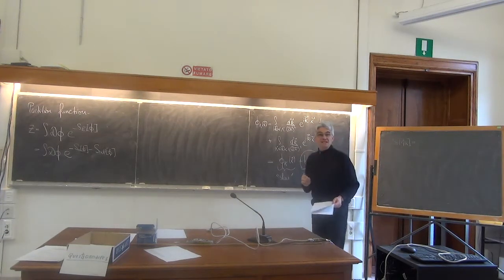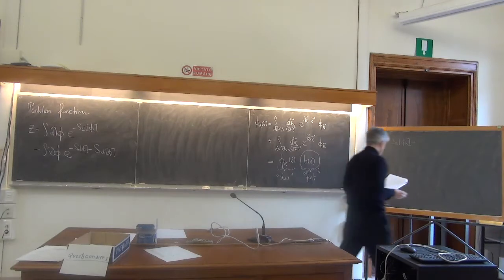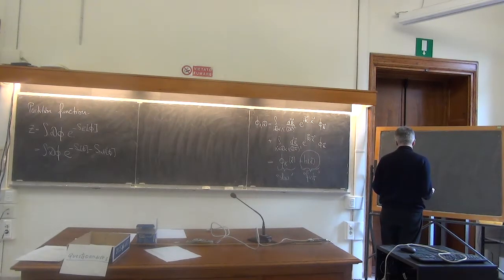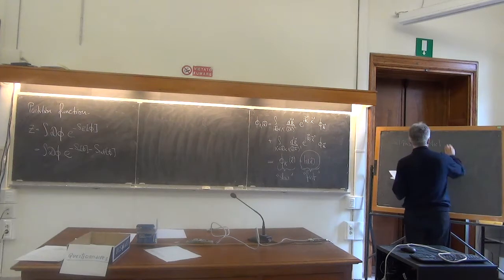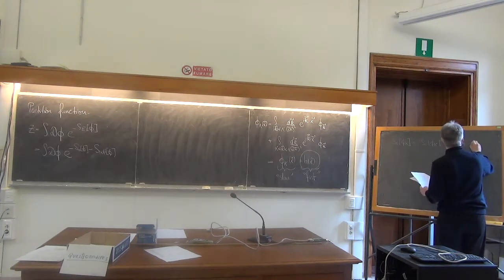Now I substitute this in, and when I work this out, I will get three pieces. One piece will be S naught of phi lambda prime, then plus S naught of H, plus S int of phi lambda prime plus H.